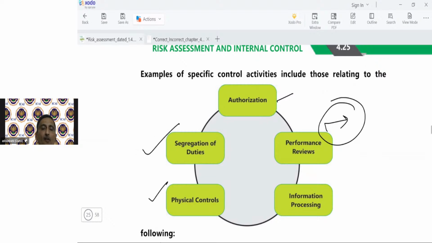Segregation of duties we have already understood. And then is information processing. So how the information is processed to generate the output. Okay, so what are the related controls pertaining to that?